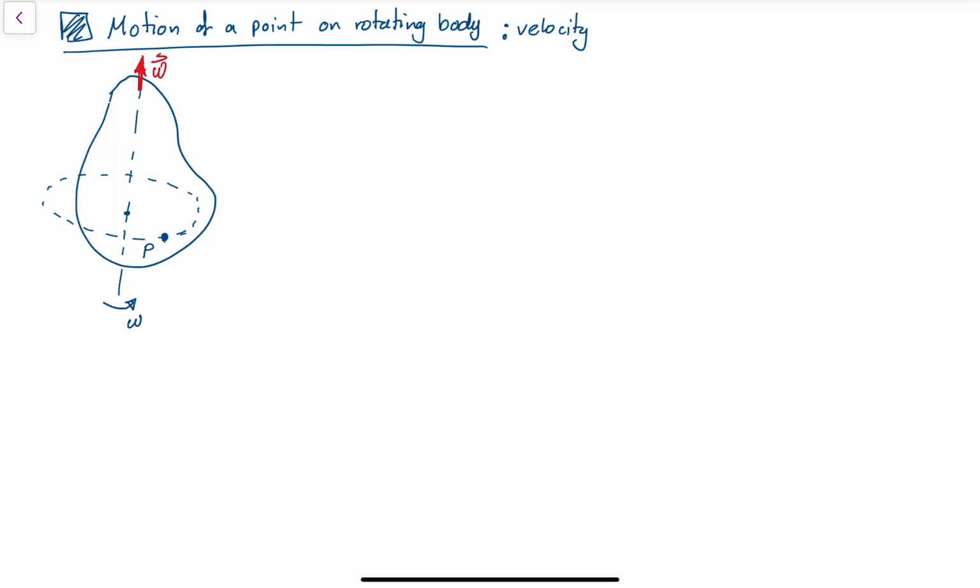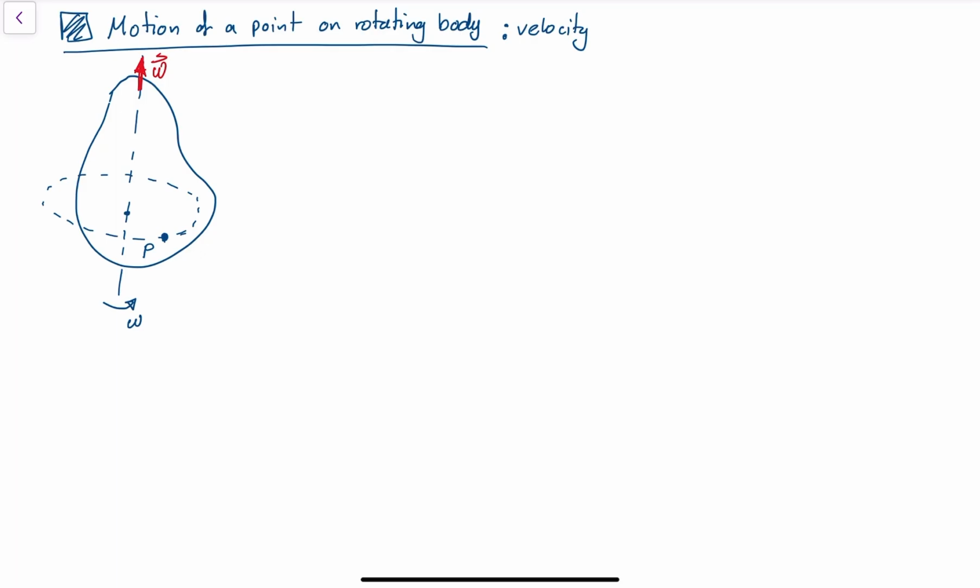So here the setup is that the body is undergoing pure rotation about this fixed axis, and I have a point somewhere inside or on the body. Location doesn't matter. It is important it is an arbitrary point. And because the body is undergoing pure rotation, point P travels around a circle.